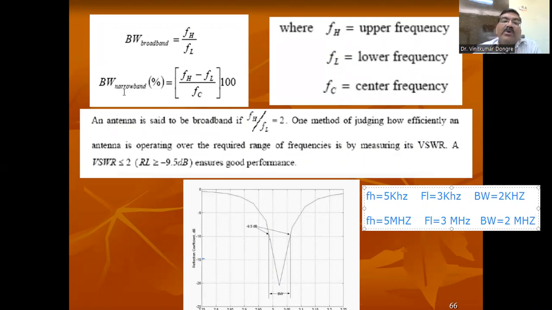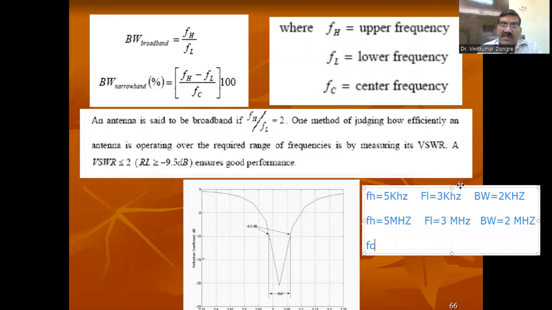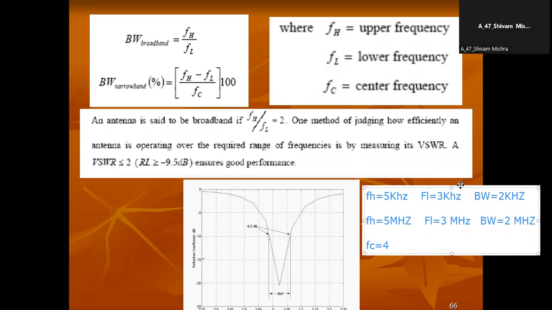So I will put it in this formula, percentage bandwidth. What is percentage bandwidth? Higher frequency minus lower frequency upon center frequency into 100. Now for these two, suppose FC equals 4 kilohertz for the first one and 4 megahertz for the second. So what will be the percentage bandwidth? 50%.